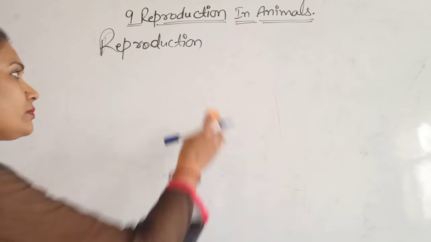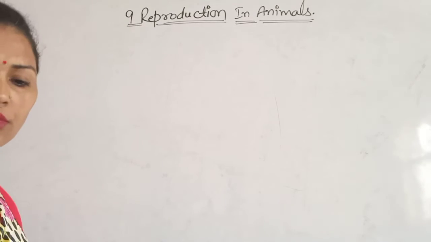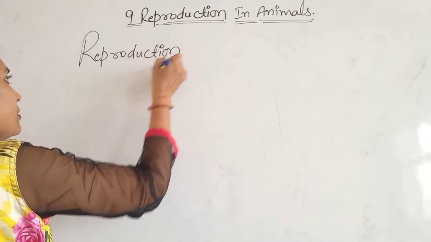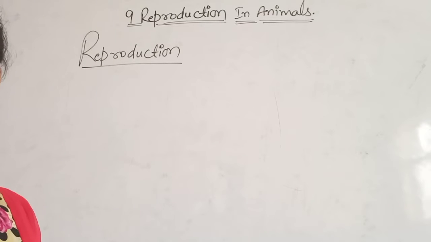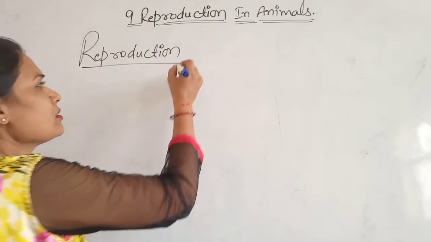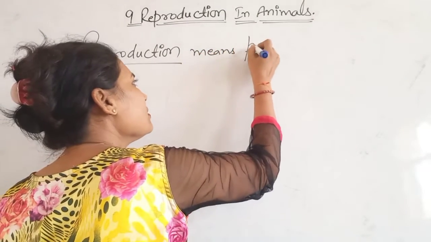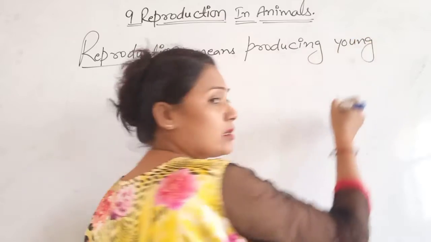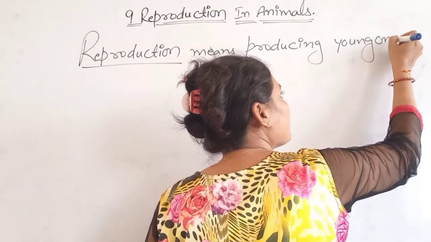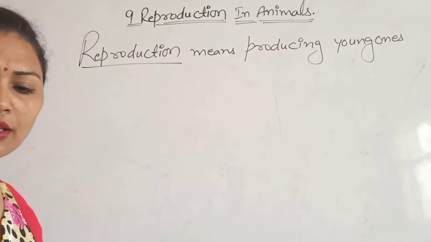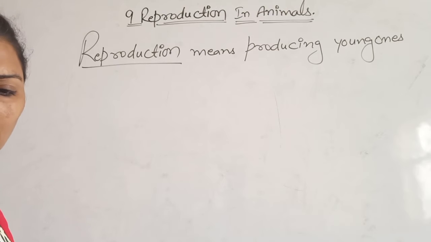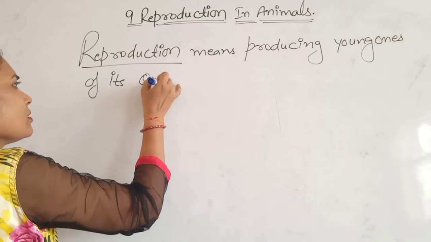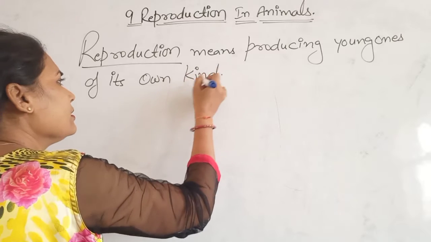You can write: reproduction means producing young ones of its own kind.